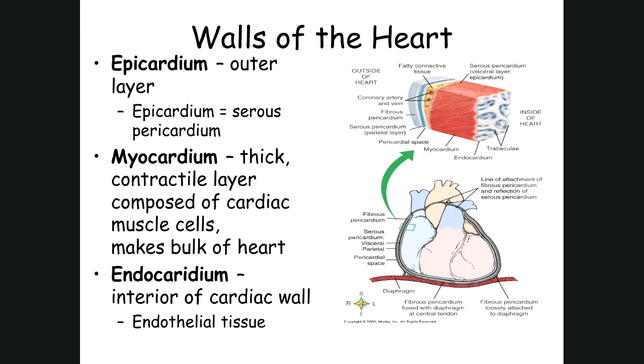It is the innermost layer of the heart, the interior of the cardiac wall. The epicardium is the outer layer, the myocardium the middle layer, and the endocardium the innermost layer. In the myocardium, you will find the cardiac muscle cells or cardiac muscle fibers.